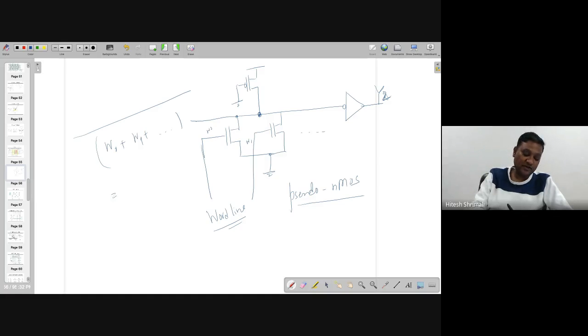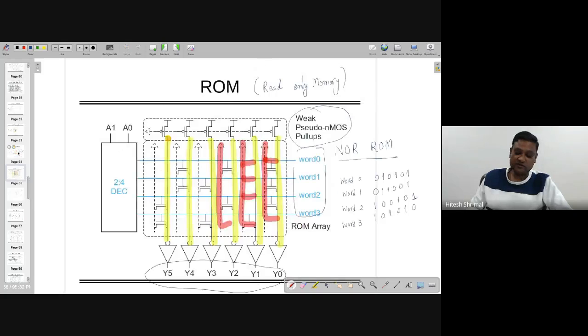So that's going to make the NOR function. And that's why the name of this structure is NOR ROM, right? And it follows exactly the way the pseudo NMOS pull-up does.